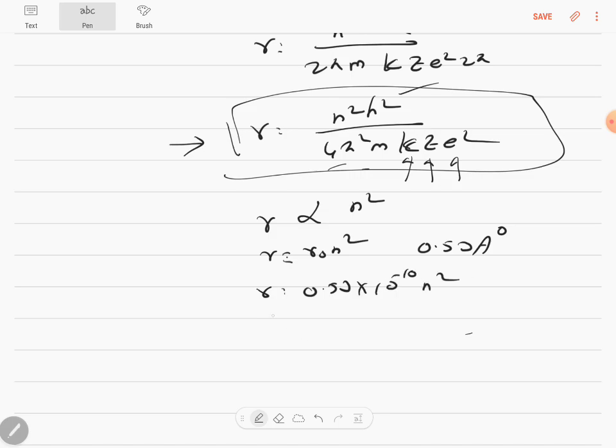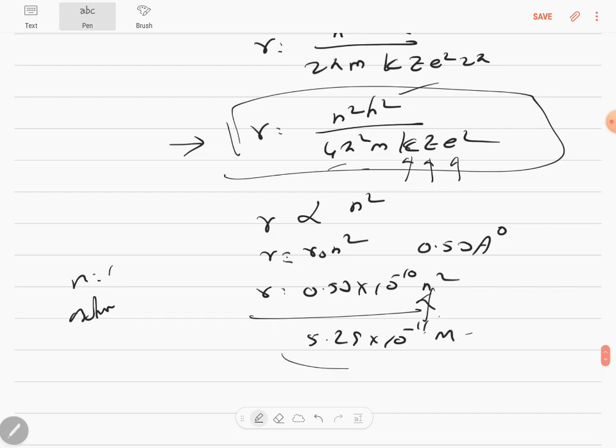What is the radius of the second orbit? Put n is equal to 2. For n is equal to 3, you get the respective radius. If n is equal to 1, it will be 0.53 Angstrom, which is the radius of the first orbit of the hydrogen atom. That's known as Bohr's radius. When you put n is equal to 1, it means Bohr's radius, whose value is 0.53 into 10 to the power minus 10, or 0.53 Angstrom, or 5.29 into 10 to the power minus 11 meters.